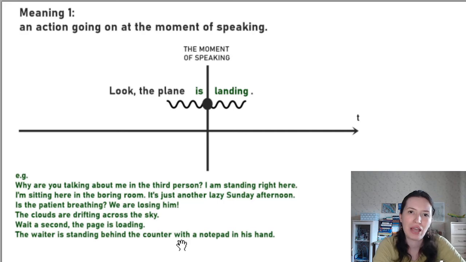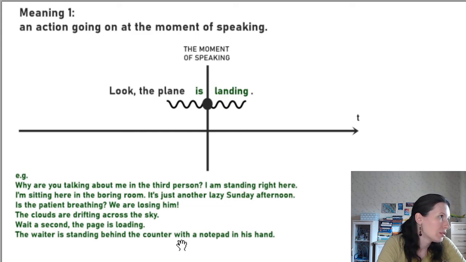Or, for example, you have a situation when you have surgeons in the operation room and the 2 surgeons are talking about what is going on in their room at that moment, in the middle of the operation, and one of them says, is the patient breathing right at the moment? And the other answers, we are losing him, right? So at the moment when they are performing an operation, they talk about this moment of speaking.